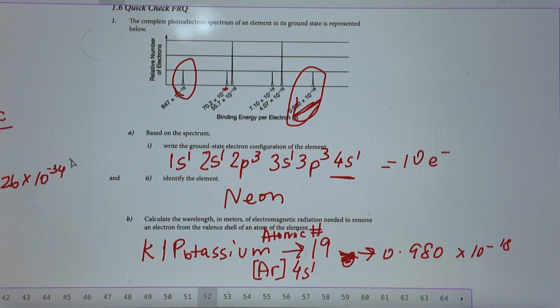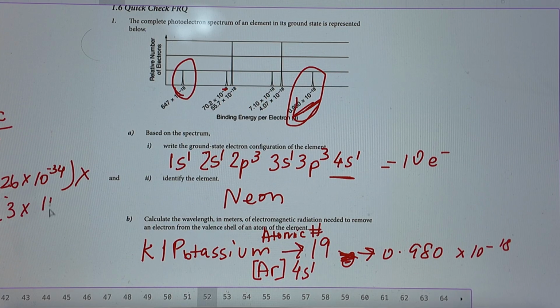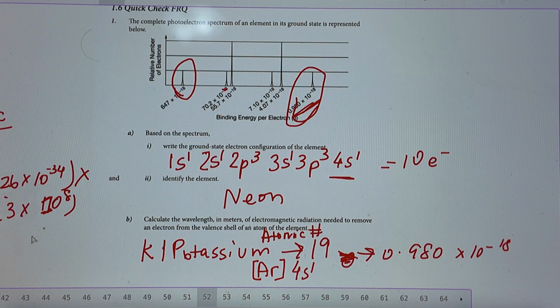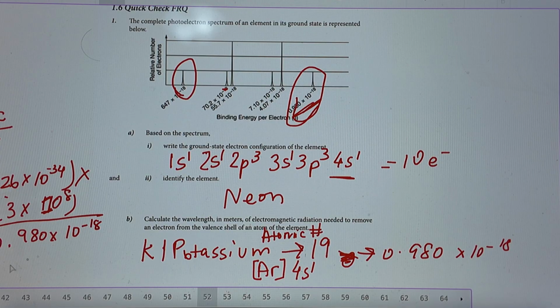And we multiply that by c, which is 3 times 10 to the 8th. Sorry, first time using this. 10 to the 8th. And we divide that by our energy, which is E, and we got 0.980 times 10 to the negative 18.